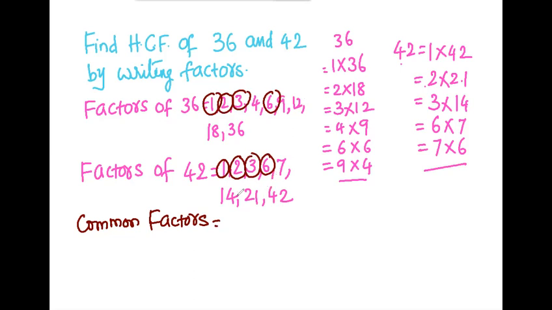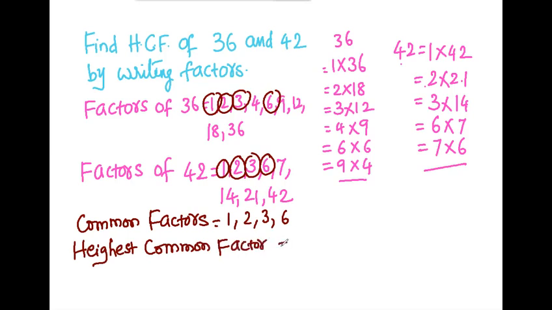So write all these factors which are common: 1, 2, 3, 6. Among these, the highest common factor is 6. So 6 is the highest common factor for these two numbers. So in this way we can find the HCF of the given numbers by writing factors.